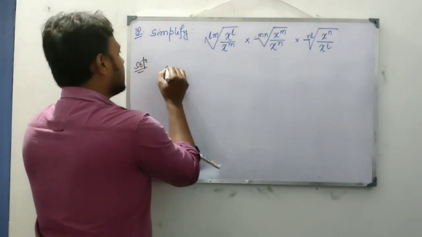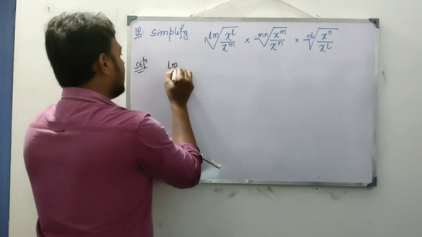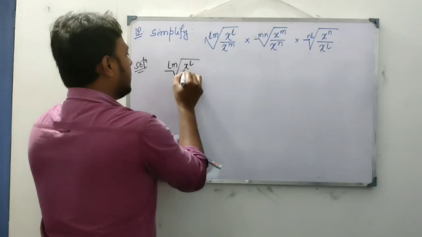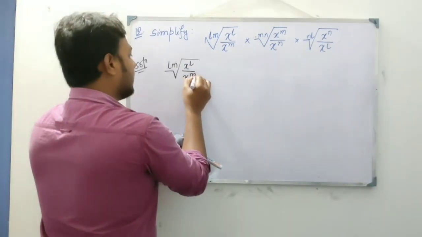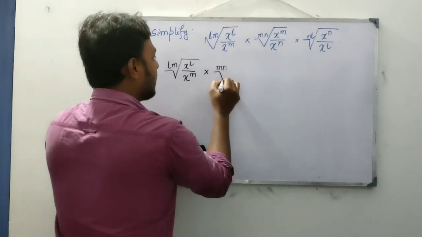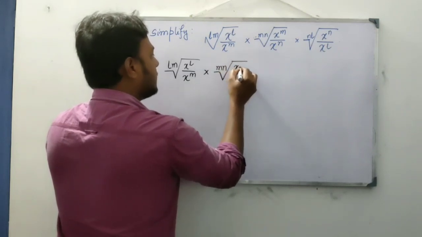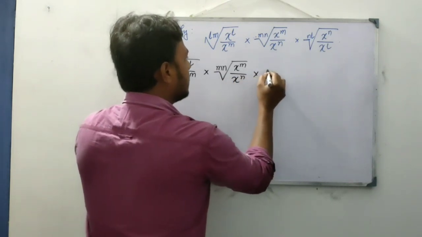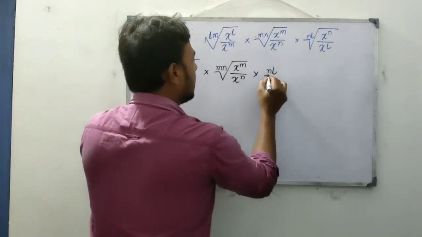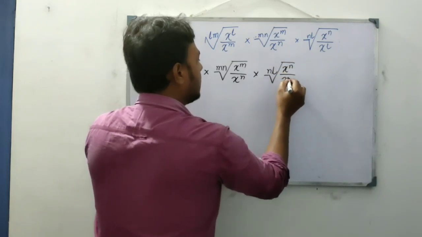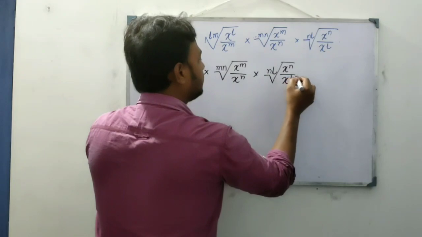First, given the lm-th root of x to the power l by x to the power m, times the mn-th root of x to the power m by x to the power n, times the nl-th root of x to the power n by x to the power l.